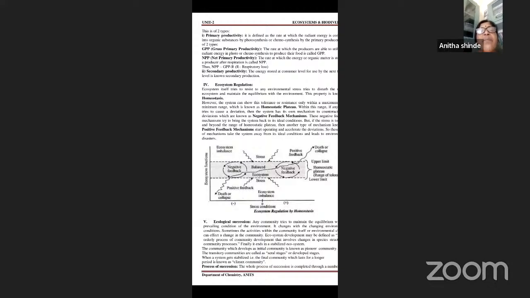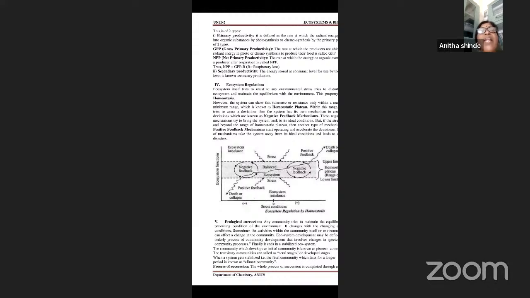Now next is the secondary productivity. Secondary productivity is the energy that is stored at a consumer level for use by the next trophic level, and it is called secondary productivity or secondary production. Primary productivity is only with reference to the primary producers, basically plants, whereas secondary productivity is the energy stored at the consumer level for use by the next trophic level organism.